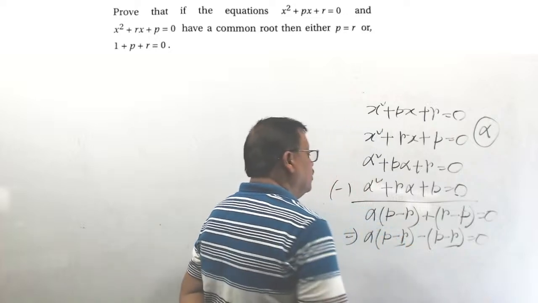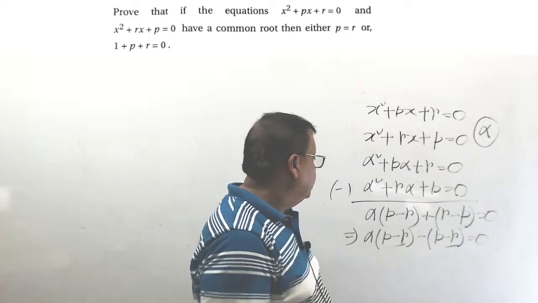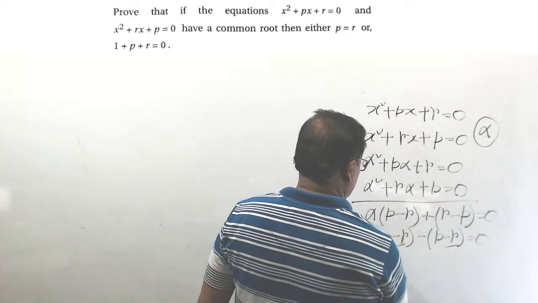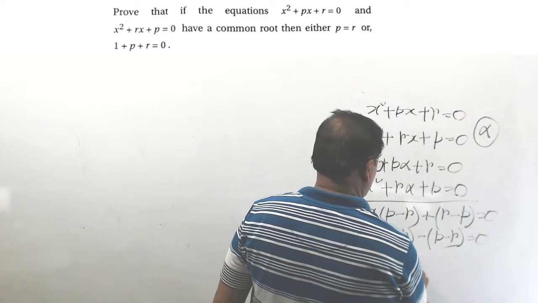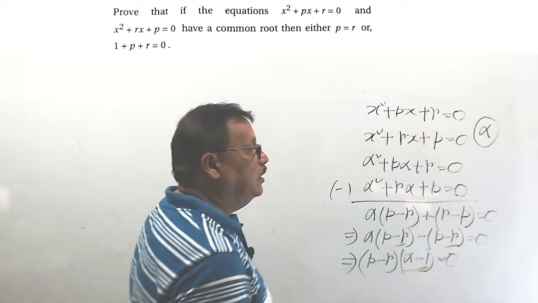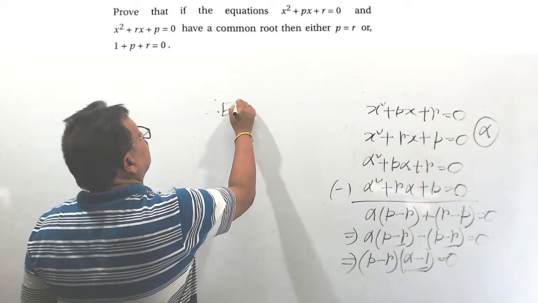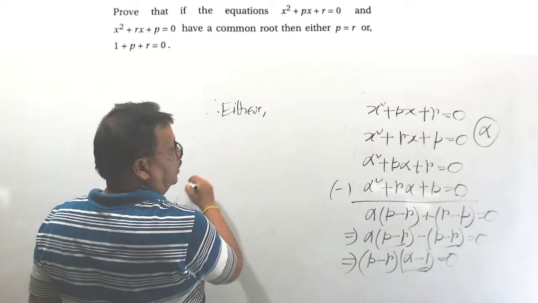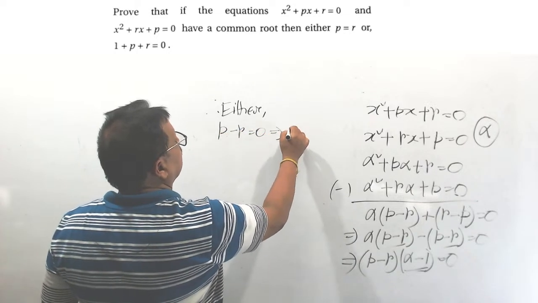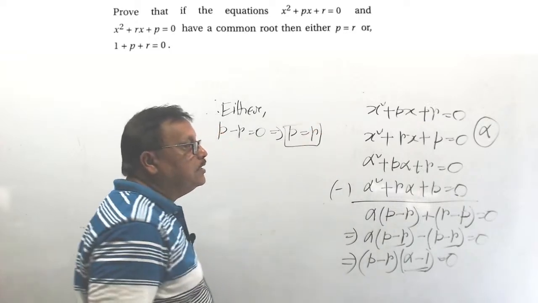Taking common minus. This implies p minus r into alpha minus 1 equal to 0. Therefore, either p minus r equal to 0, which implies p is equal to r. One is proved.